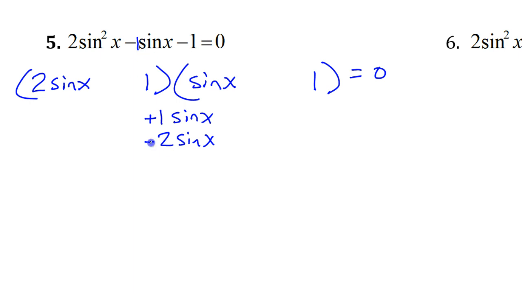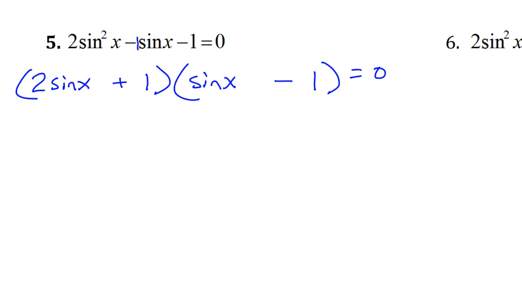Combining like terms, I would get negative 1. So that means this would have to be positive to give me the positive 1, and this would have to be negative to give me the negative 2 outer. Also, positive 1 times negative 1 does equal negative 1. So this is correct. So now I have factored it.